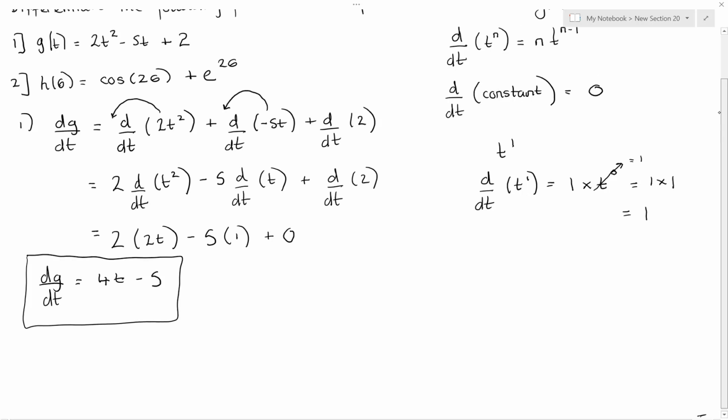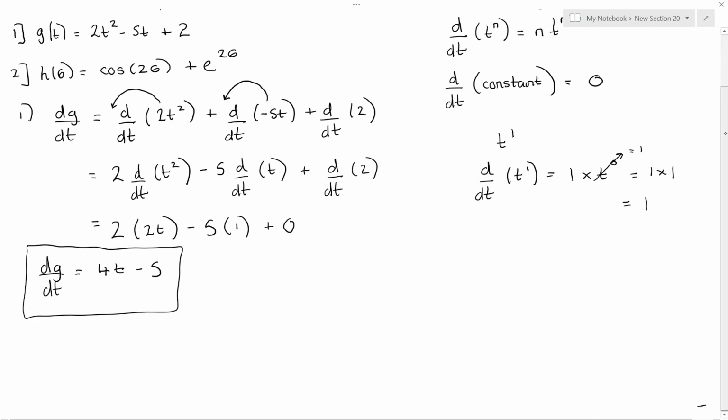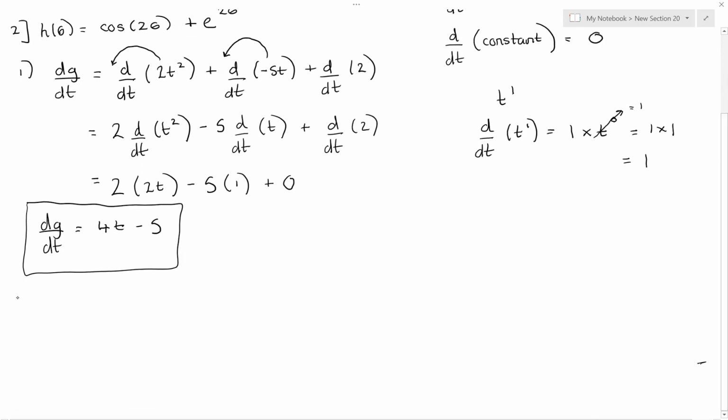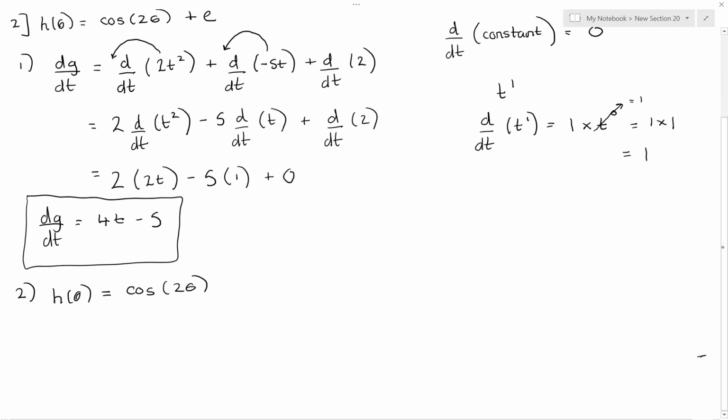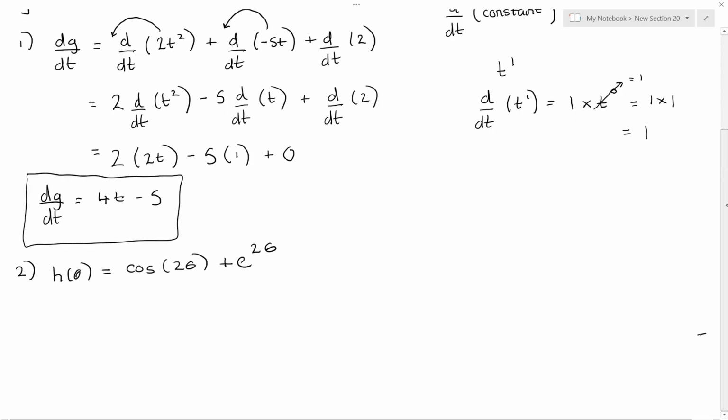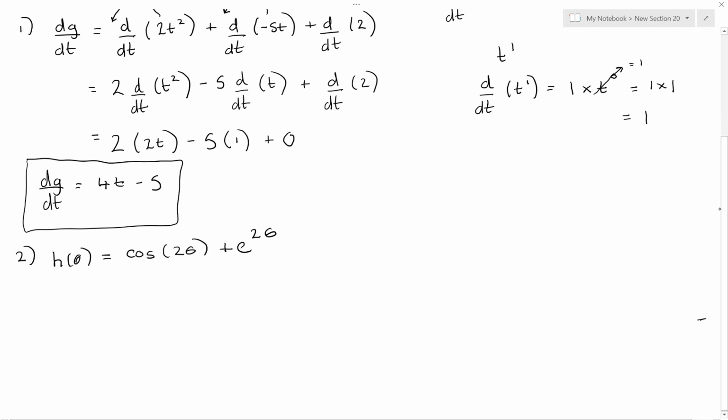Now let's have a look at this second example. We have h of theta is equal to cos of 2 theta, and then we have plus e to the 2 theta. So for this example, we're going to be differentiating with respect to theta.